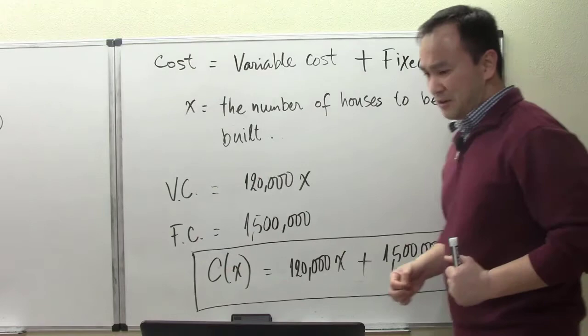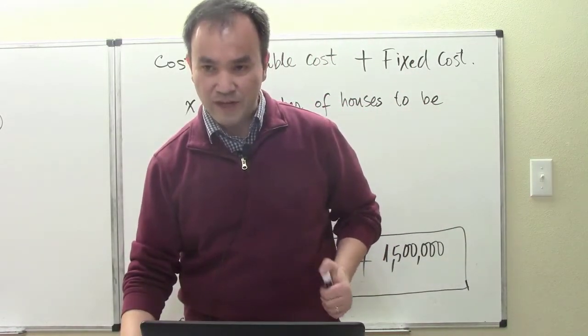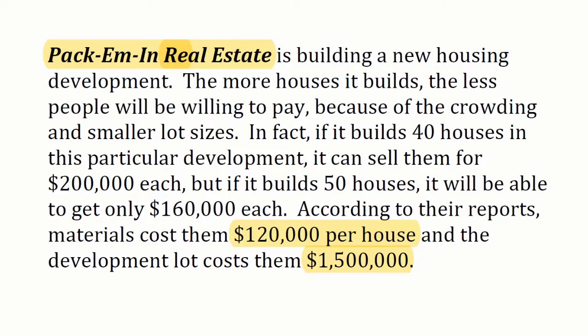Okay, and so now I am going to swing back to the wording of the problem. So now we got cost, and we spend our own money to build the houses, and then we have to consider selling them. So these are the factors that we need to read right here. It makes sense that the more houses we build, if it's our company, the less people will be willing to pay.